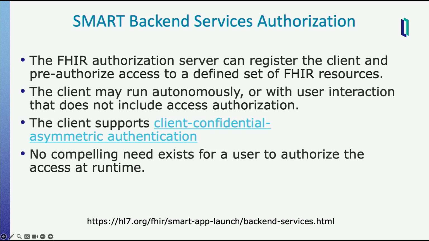And FHIR resources in a production system would normally be protected. The use of OAuth 2 provides very good security benefits. And the point of the Smart Backend Authorization is to provide this necessary security and standardized mechanism by the standard for getting access to data in bulk.